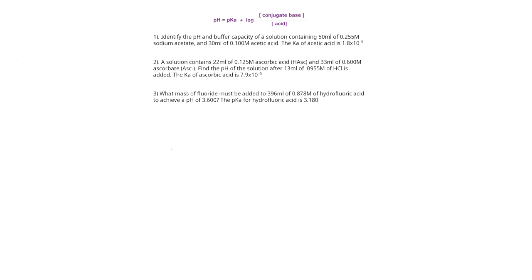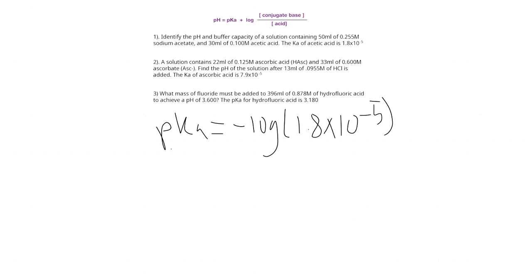So in this case, pKa is the negative log of the Ka, and so we can calculate that. pKa equals negative log of 1.8 times 10 to the negative 5. I'm writing a bit big. And that's just going to equal 4.74. And we're going to keep that to 2 sig figs.